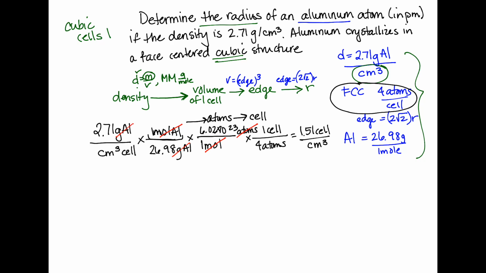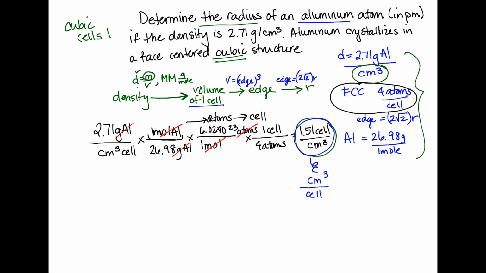Now, the reason why I'm being a stickler about those units is that when I'm following this path, what I'm trying to find is the volume of one cell. But what I've found is the number of cells in 1 cubic centimeter. I found the inverse of what I wanted. So if I want to continue on with this plan, I need to take this number and make it into how many cubic centimeters are per cell. That's taking the inverse.